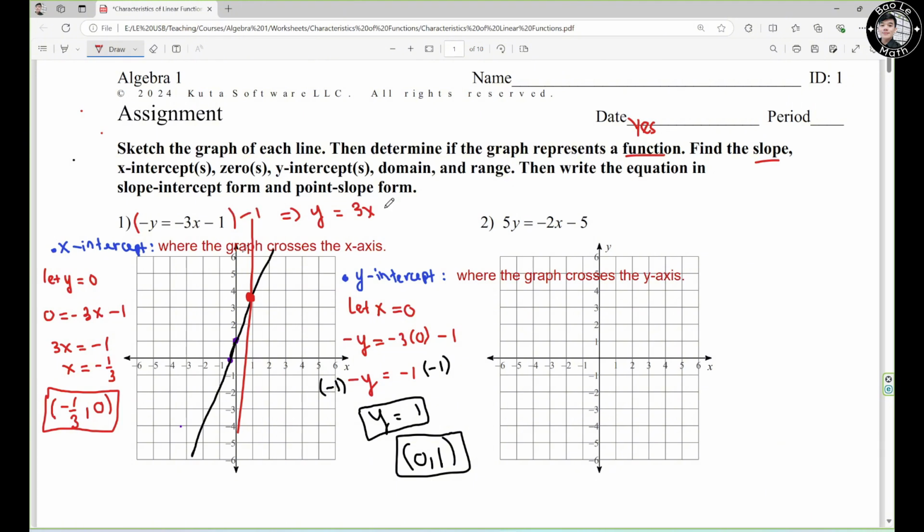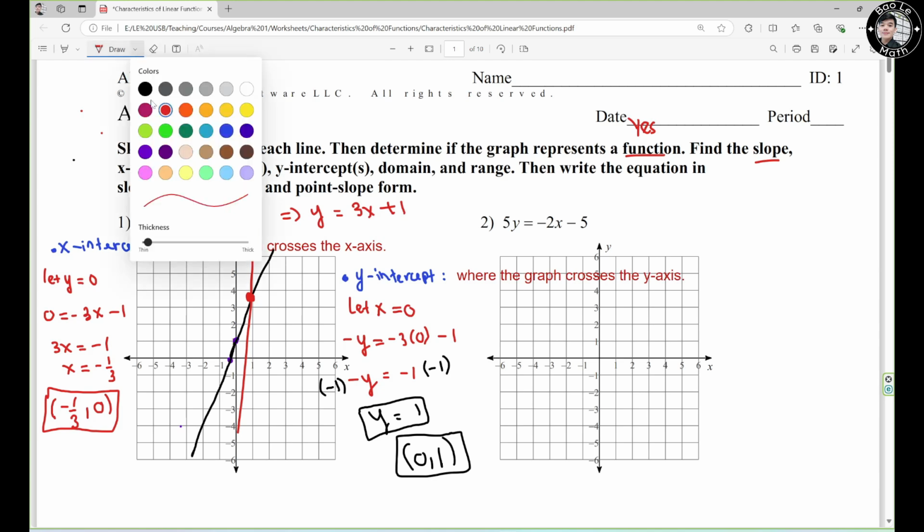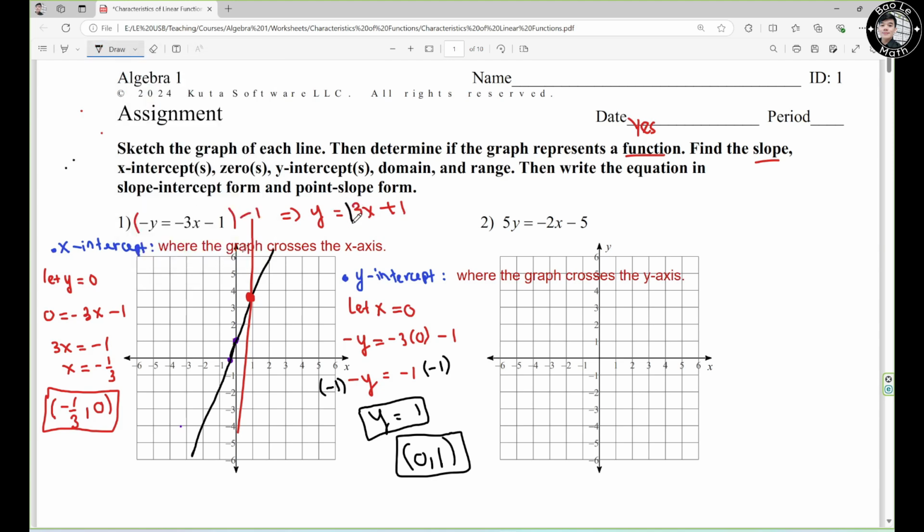Negative 1 times negative 1 should be plus 1. And my slope is 3 right here. The slope is the number in front of the x value, so the slope is equal to 3.